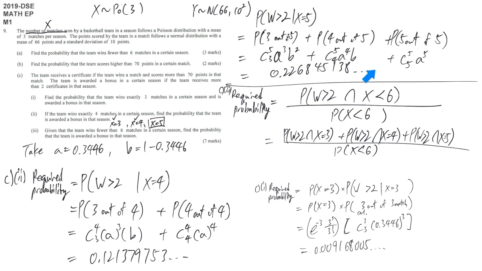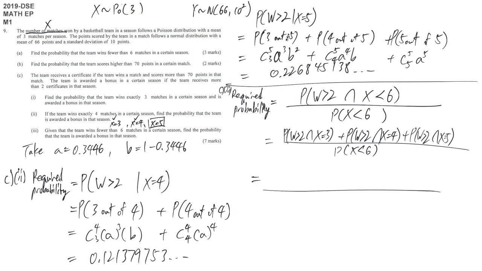Also pass C3 here. So the first part of our first term is 0.00916806. And then for the second term, we should ensure x is equal to 4 first. That means e to the power of negative 3, and then 3 to the power of 4 divided by 4 factorial, and then apply this conditional probability.